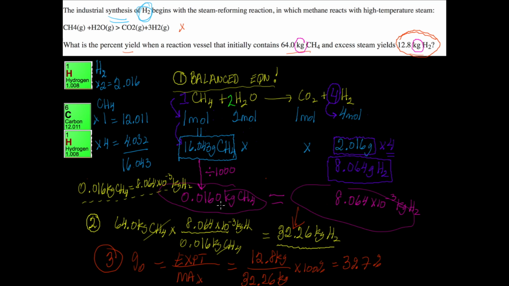We divide both of those by 1,000 to give us this similar equivalency: 0.016 kilograms is equal to 8.064 times 10 to the minus 3 kilograms of the other chemical. And then we do the conversion with just one conversion factor to give us the theoretical yield of hydrogen. And then your percent yield is your actual yield from the experiment divided by your theoretical maximum yield. And the final answer here is 39.7% yield.